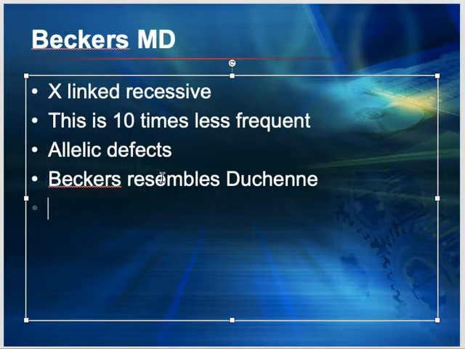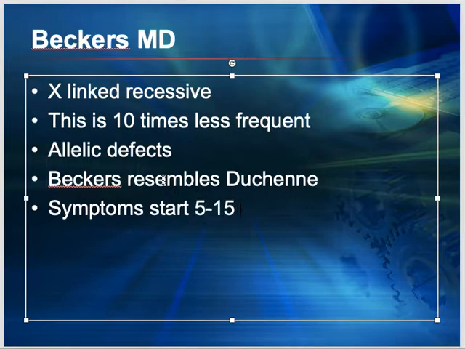They have pseudohypertrophy, hypertrophy of the calf. But the symptoms or the weakness start from 5 to 15 years of age. Mostly it can be even later.